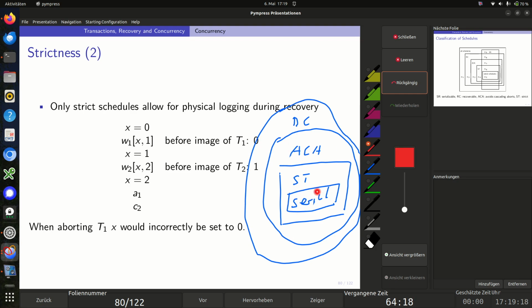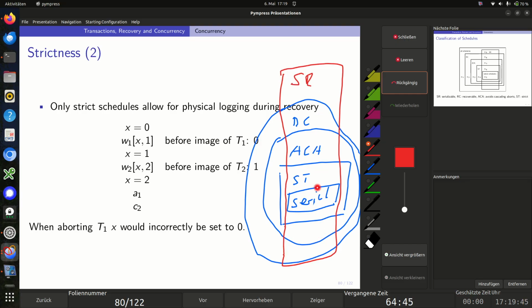Of course, all serial schedules are also serializable. But there's an intersection: there can be recoverable schedules that are serial, but they can also be non-serializable. So here we have serializability.